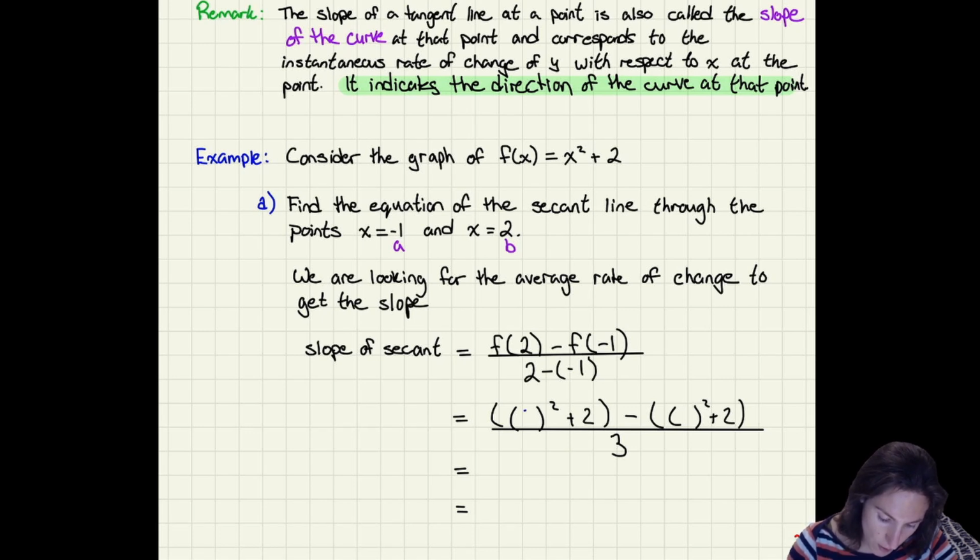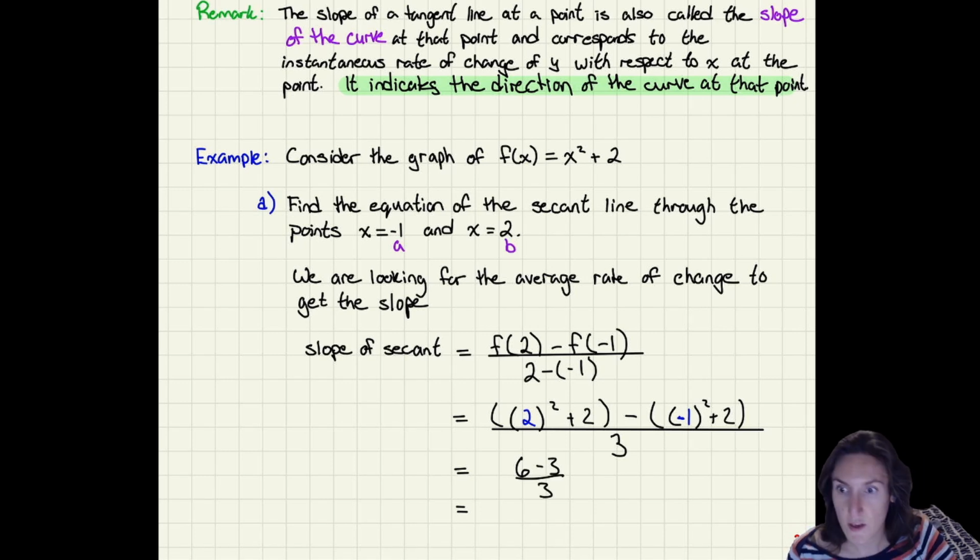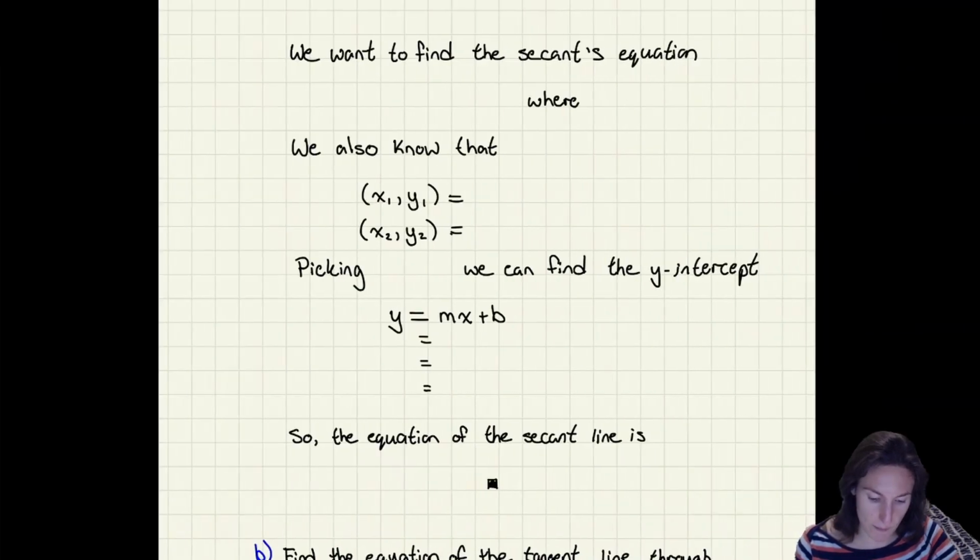Okay, and here our x is 2, and here it's -1. All right, so we're going to end up getting 6 minus 3 over 3. So that's 3 over 3, so that's 1. So if we think about the equation y is equal to mx plus b, this here is just our slope m.